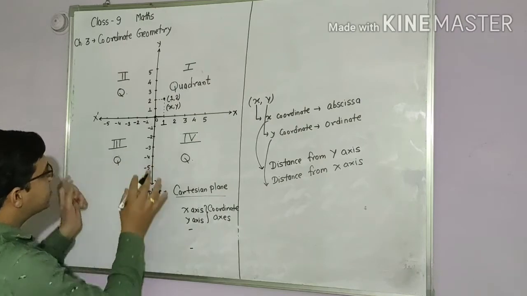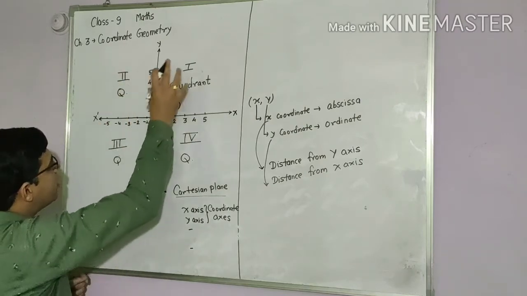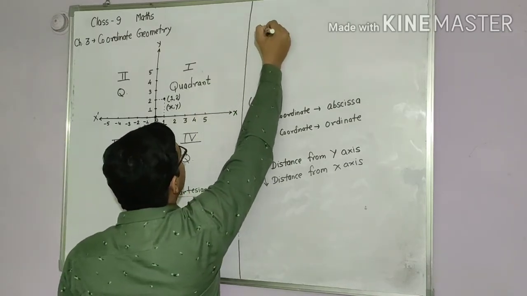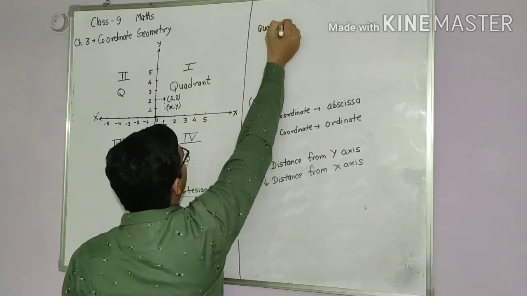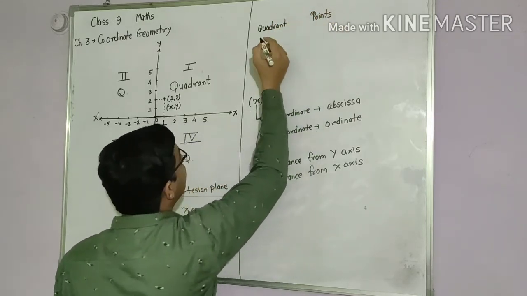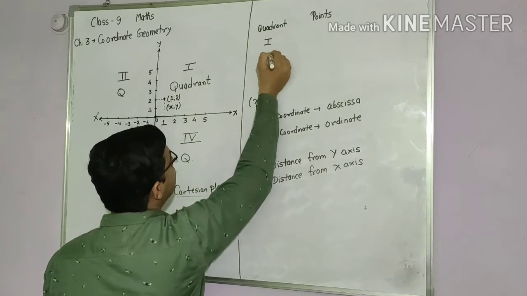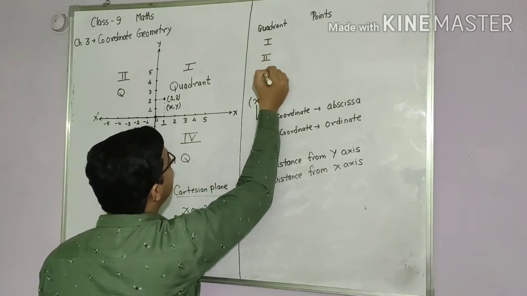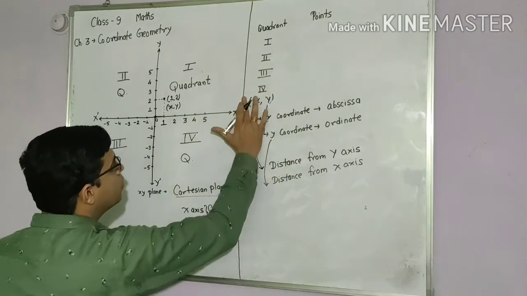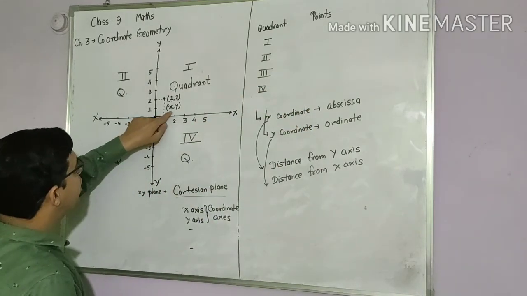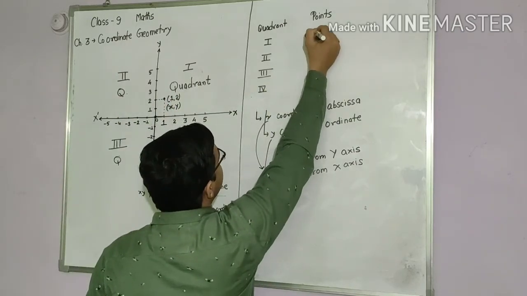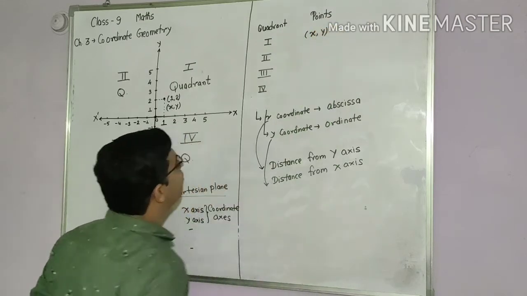Now let's describe the nature of numbers in the 4 different quadrants: first, second, third and fourth. In the first quadrant, x is positive and y is also positive.